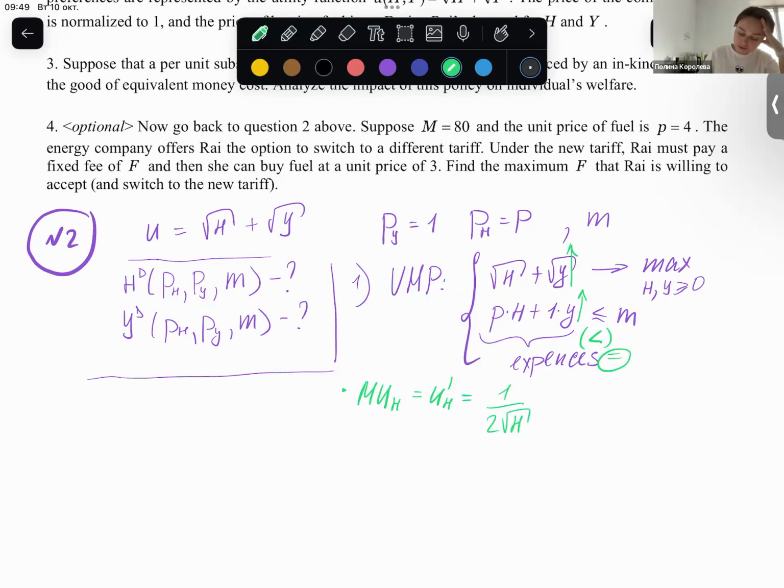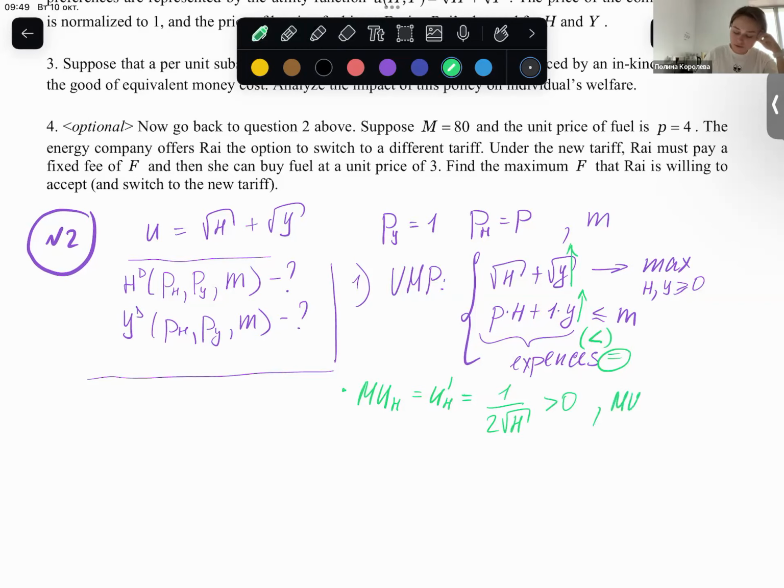And we see that marginal utility is positive. What does that mean? That means that the higher the consumption of heating, the higher the level of utility we will get. Our utility increases. So our preferences are monotonic with respect to heating.